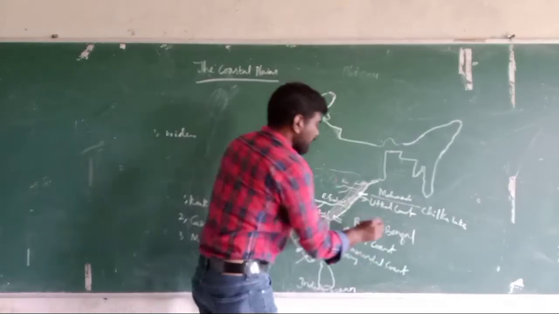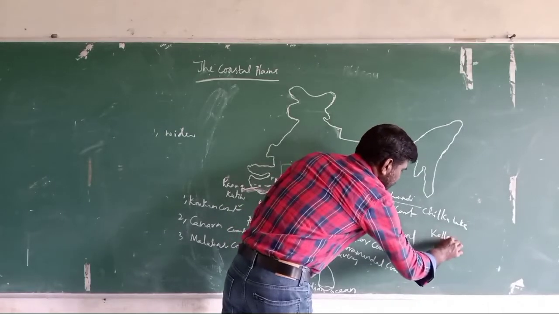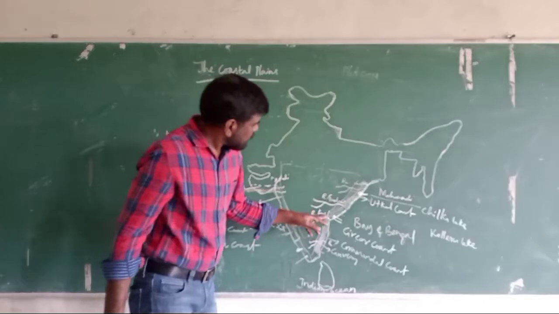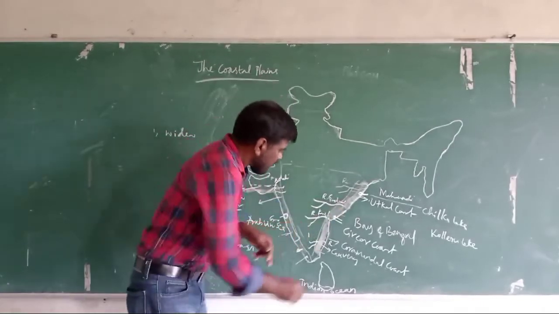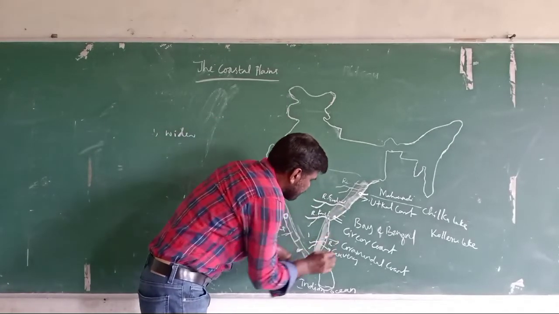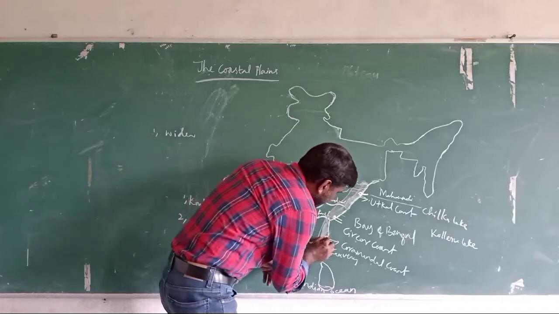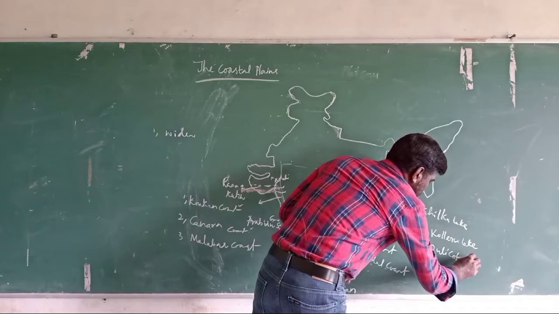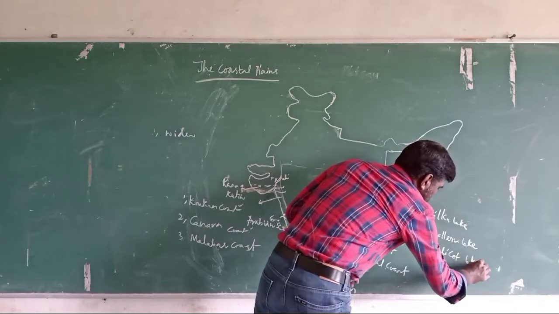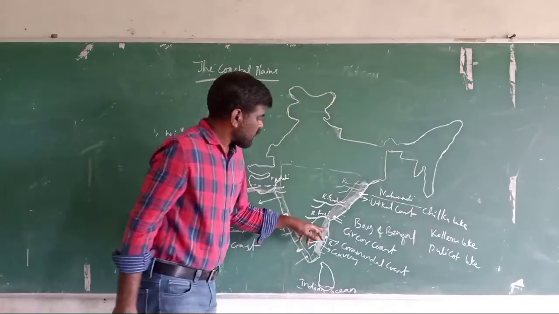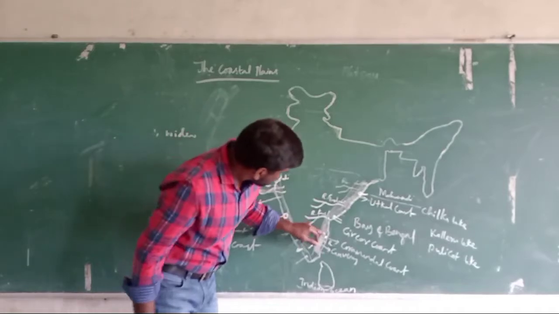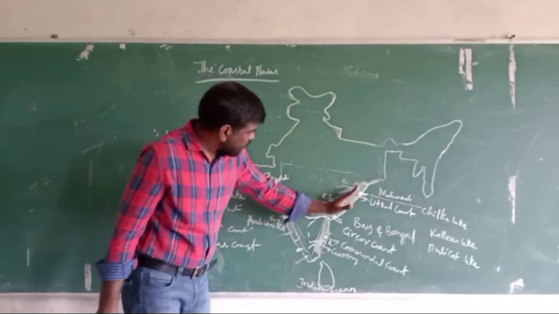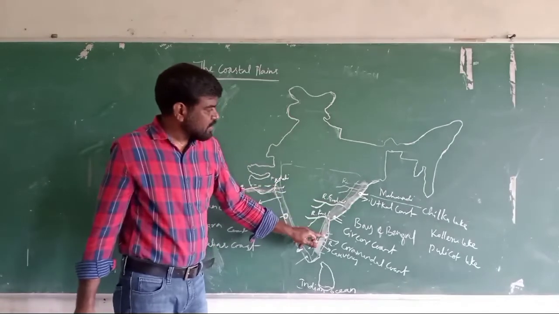Kolleru Lake is a freshwater lake found between Krishna and Godavari, and Pulicat Lake, a saltwater lake in Nellore, are found in these eastern coastal plains.